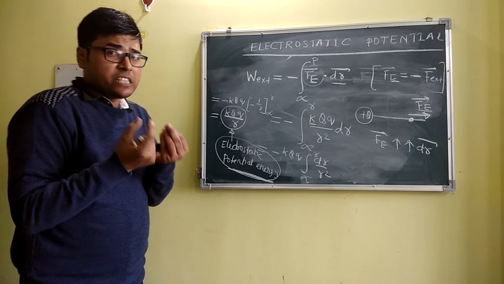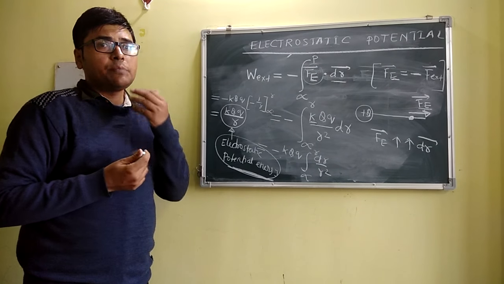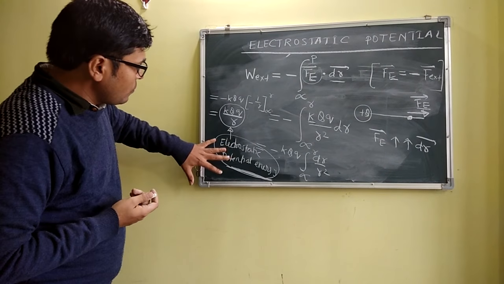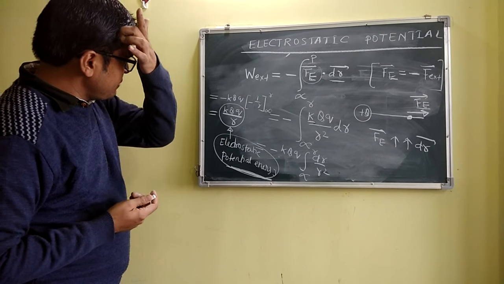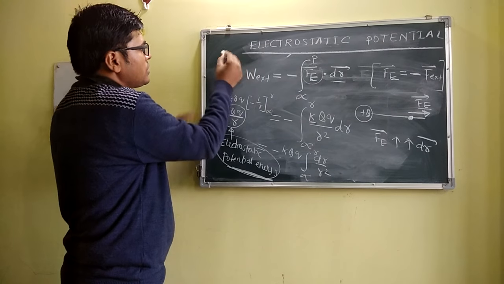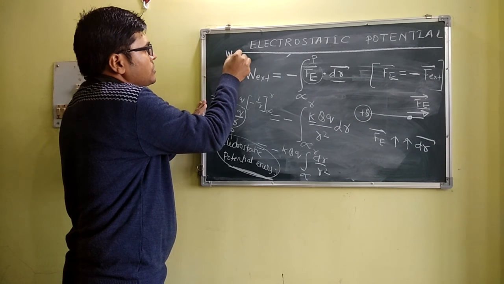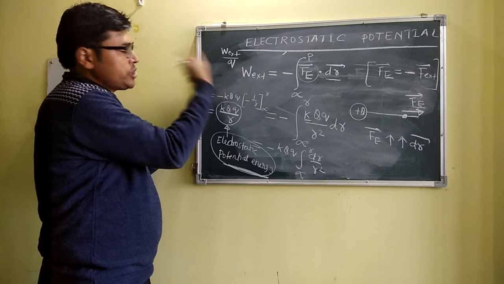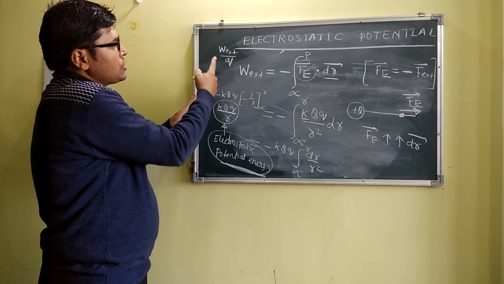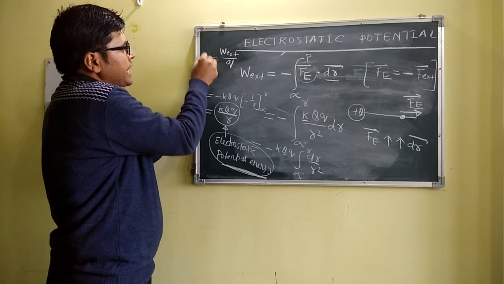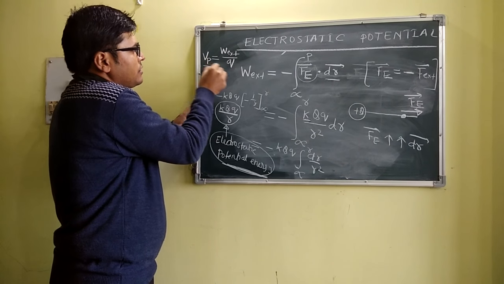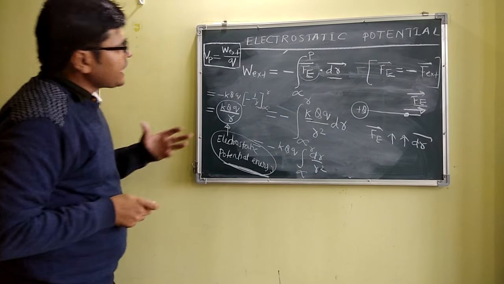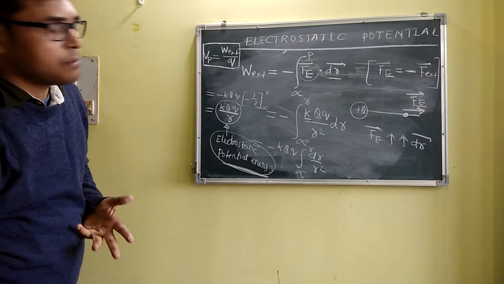But there is one property which is only the property of a field, and that is electrostatic potential. So if we divide this external force by the test charge, which was actually moving towards the charge creating the field, this becomes the potential at that point, which is known as electrostatic potential. So now we are in a position to define electrostatic potential.